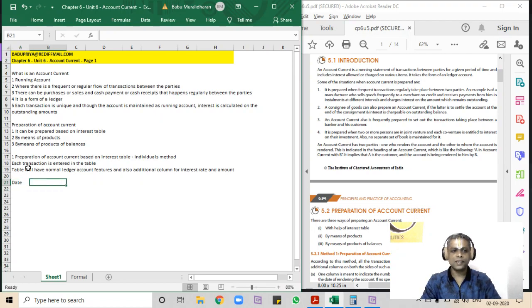So the table, if I prepare it, will have the date, meaning the date of transaction, particulars, and due date, when the transaction amount is due, and what is the amount of transaction, rate of interest, and interest amount.